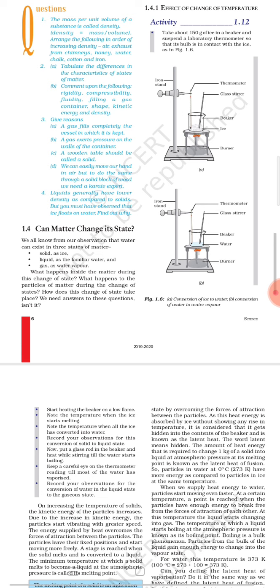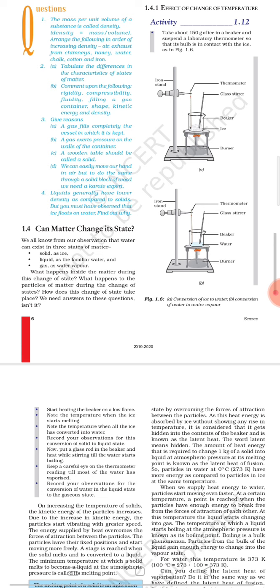Then B, comment upon the following: rigidity, compressibility, fluidity, filling a gas container, shape, kinetic energy and density. I think most of them you can write, but some I will tell. Rigidity, we have discussed, is a tendency to maintain shape. Compressibility means that you are squeezing something by applying force from outside, or decreasing the volume by applying external force or pressure. Fluidity is a tendency to flow.